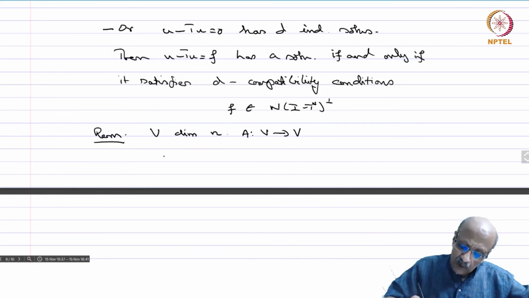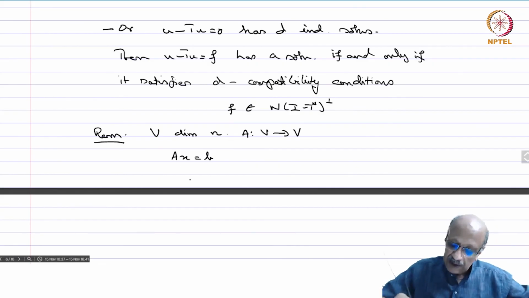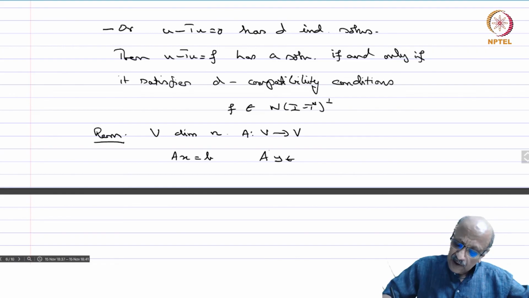We want to solve Ax = b, n linear equations in n unknowns. Actually, you can do it even for rectangular matrices, V to W, it doesn't matter. So let us assume that y satisfies A*y = 0.